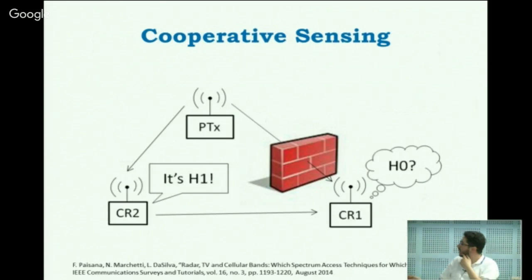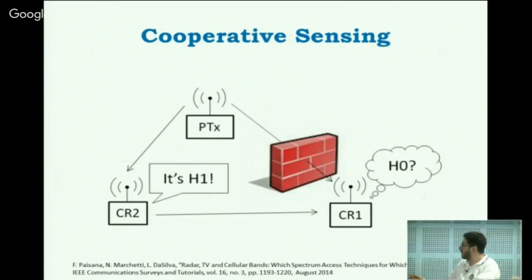For example, if you just have one sensor and the sensor is in the unlucky position that it is shadowed because of a wall or any obstacle, it won't realize that something is going on, because at some point the signal might be too weak to be detected.